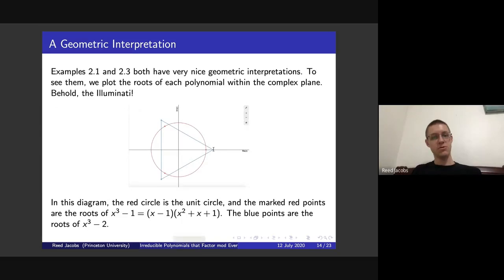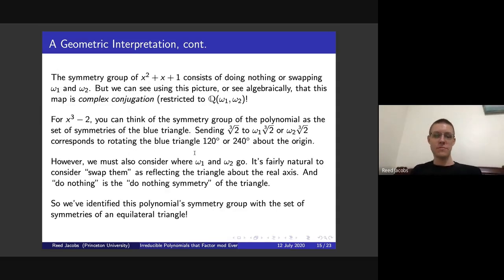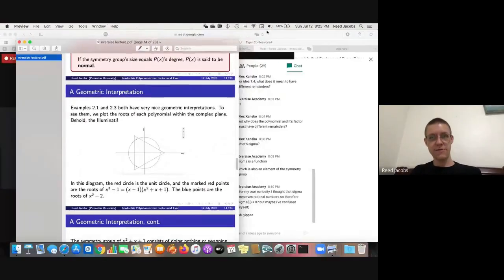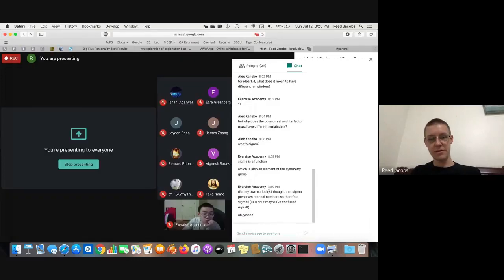If we fix cube root 2 and swap omega 1 and omega 2, then we'll fix this vertex, which is cube root 2, and swap these two vertices. So that element of the symmetry group is just reflecting the triangle about the real axis. That means we've identified this polynomial's symmetry group with the set of symmetries of the equilateral triangle. So does this geometric interpretation make sense to everyone? It's very nice, I think.